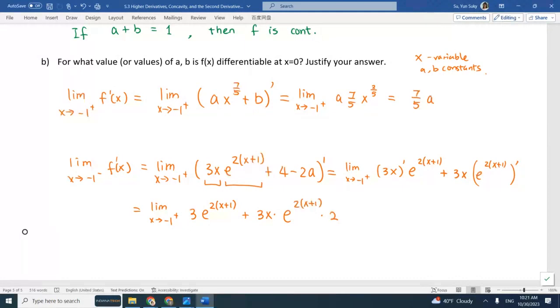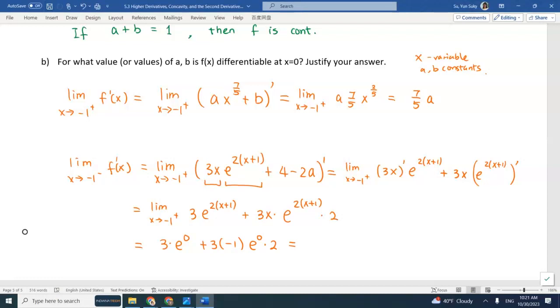And then on the second part, we plug in x = -1. We get 3 times e^0. Yes. And then we get plus 3 times x, which is -1, and also e^0 times 2.